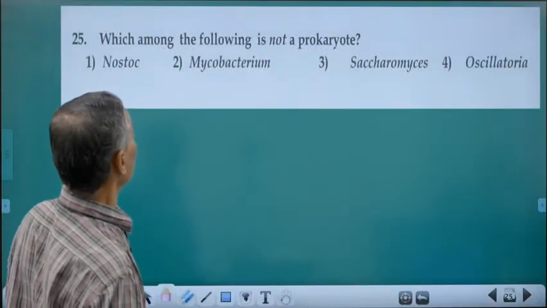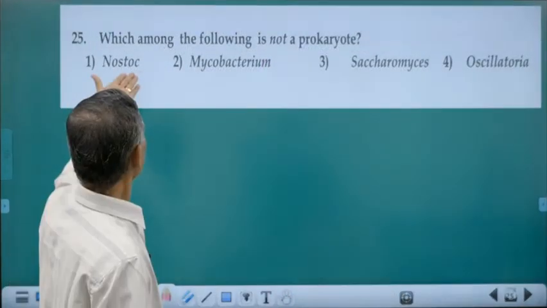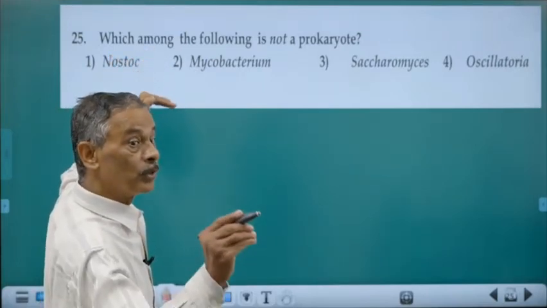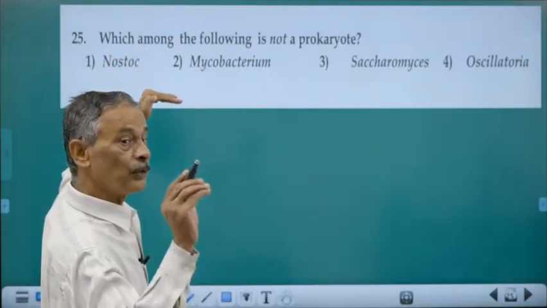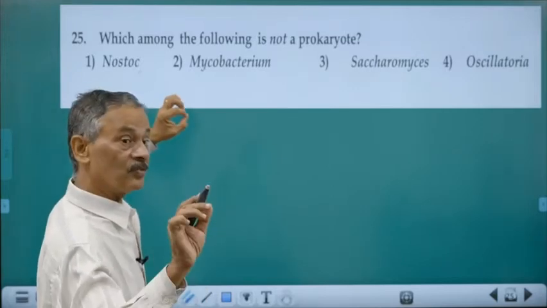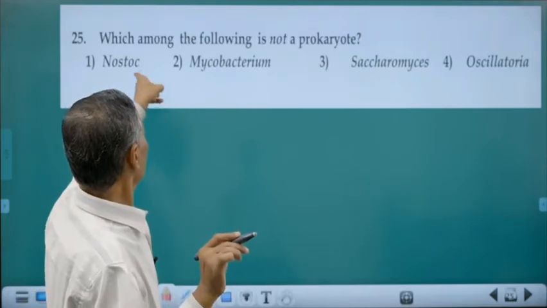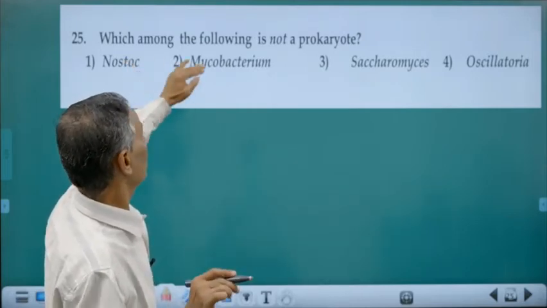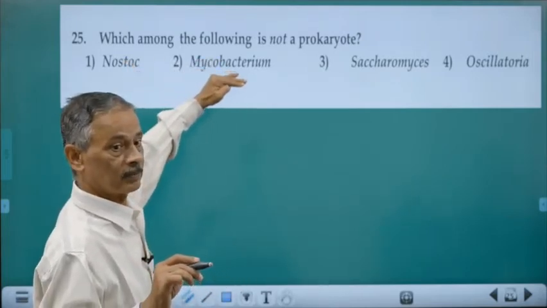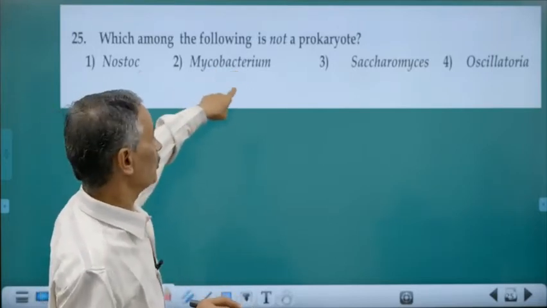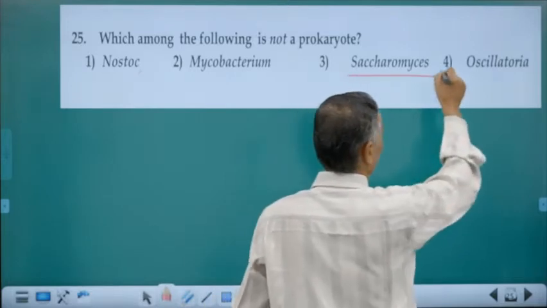Which among the following is not a prokaryote? See, Nostoc is a blue-green alga. It's a eukaryote? Oh, no. It is actually a eubacterium, a prokaryote coming under eubacteria. Mycobacterium, fungal-like bacteria, are also eubacteria. Whereas Saccharomyces is a yeast.